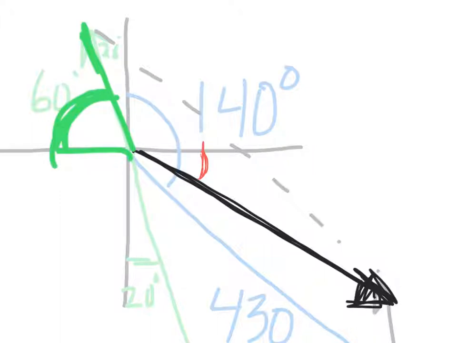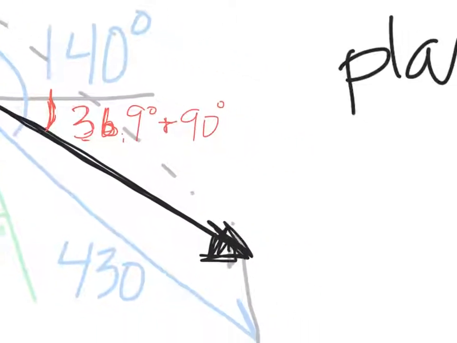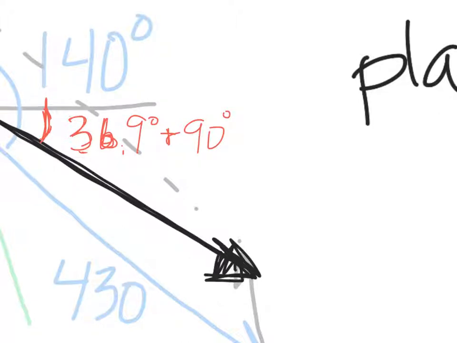So this angle is 36.9 degrees. When you use the inverse tangent, you always find the angle formed with the positive x-axis, or with the x-axis period. So I have to add 90 degrees to this in order to make it into the fourth quadrant, which is 126.9 degrees.